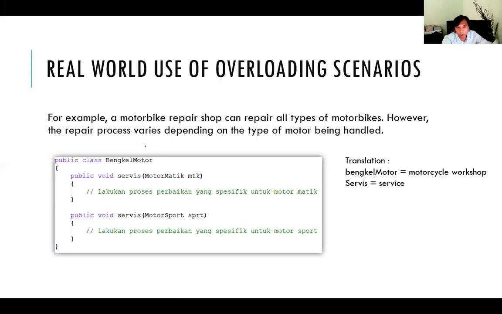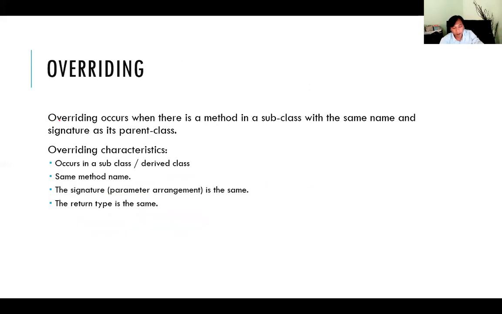So this is the overloading scenario. The real example will be explained later, and this is only to give you a short brief description regarding overloading. And for this other part, it would be overriding.